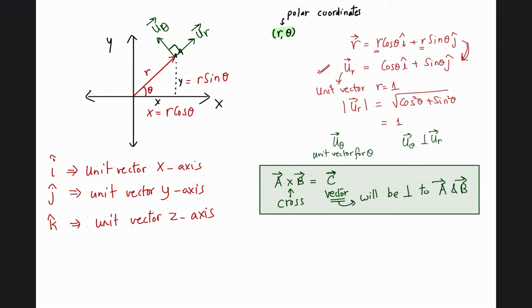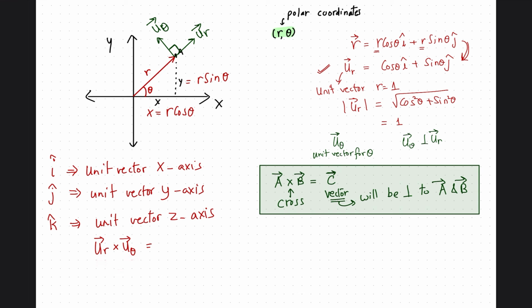So what we are going to do here is the cross product for UR and U theta. When I do cross product of UR and U theta, you can see that UR and U theta are lying on the XY plane. So the product which will come out will be perpendicular to the XY plane.